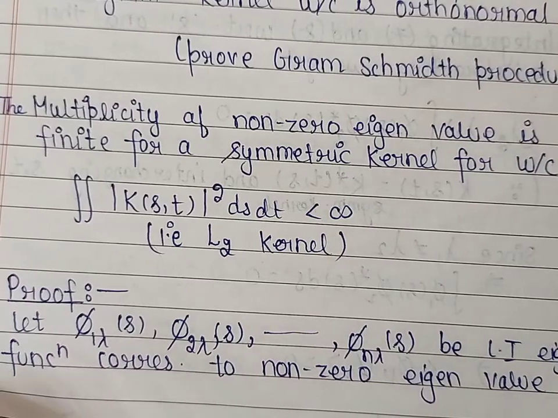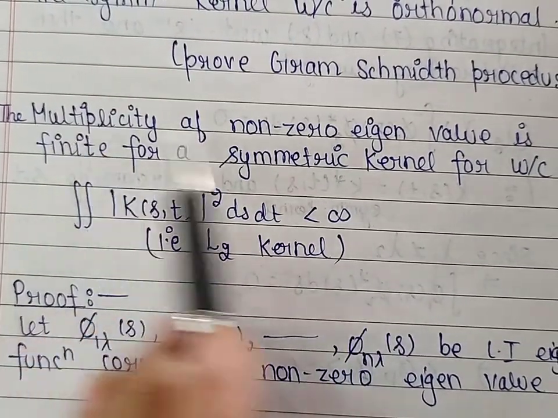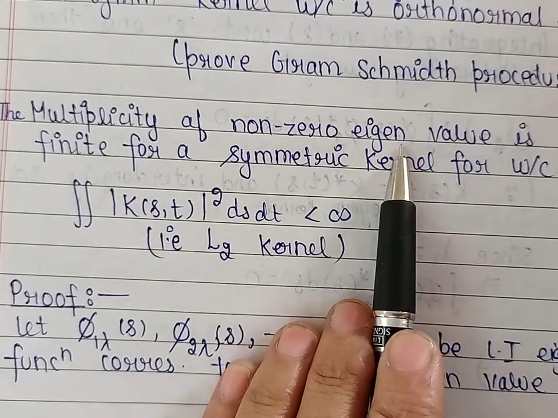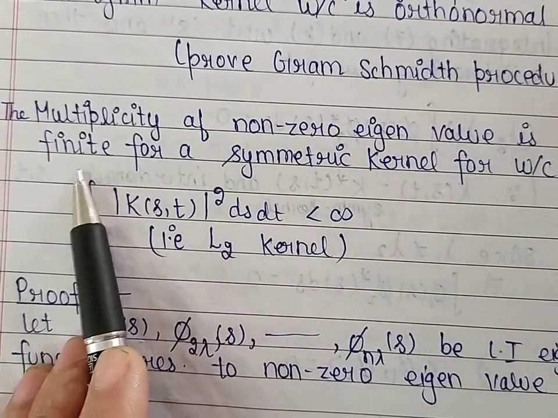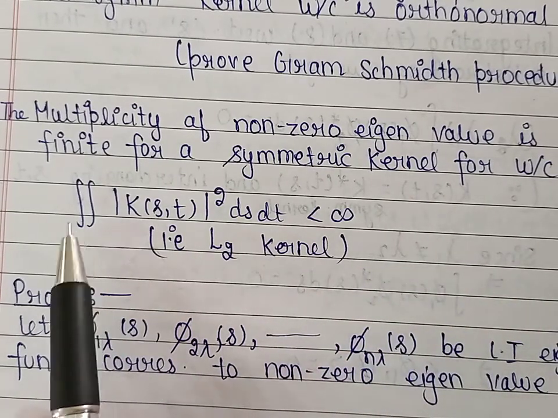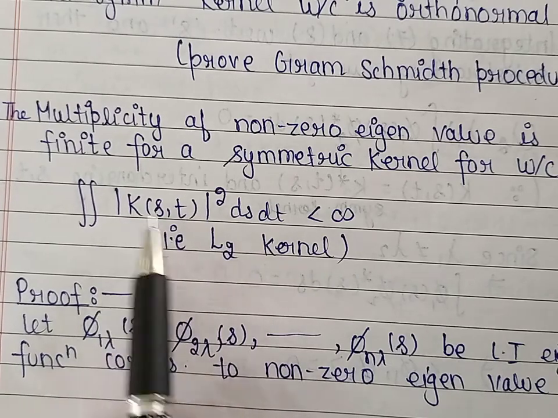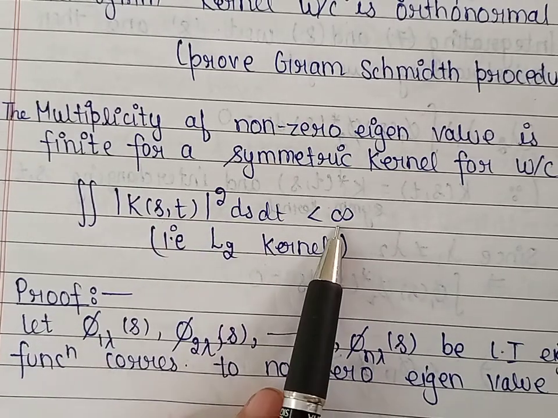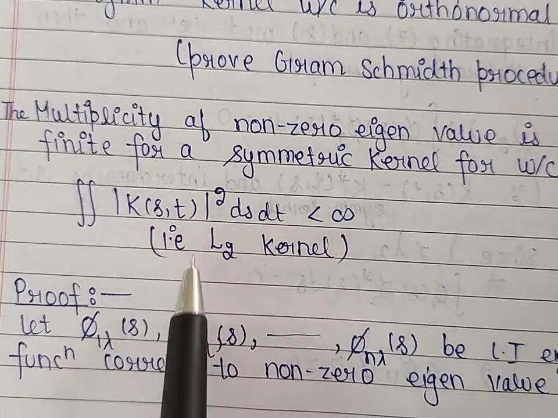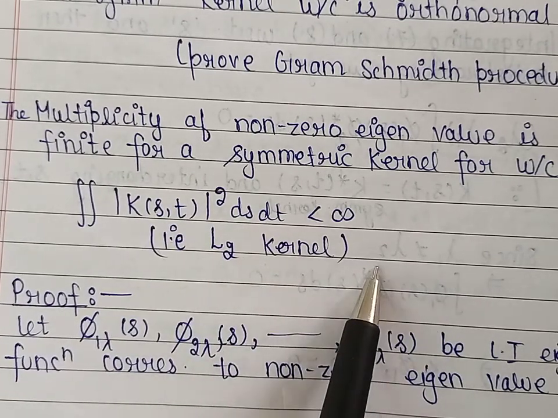Now the next property is that the multiplicity of non-zero eigenvalues is finite for a symmetric kernel for which the double integral of the square of the modulus of the kernel k(s,t) is finite. Such a kernel which satisfies this condition is called a square integrable kernel.